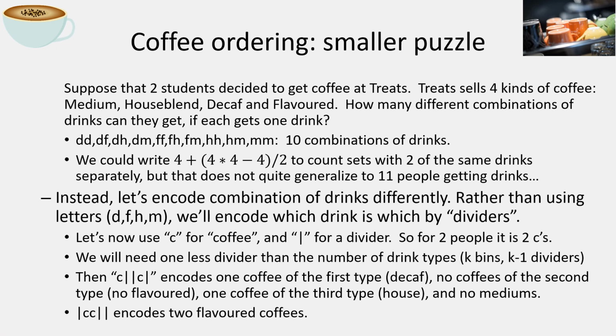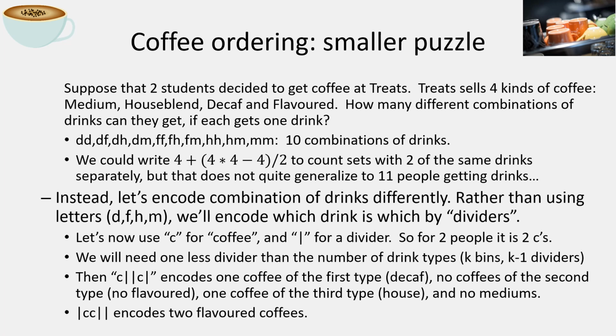Well, the way I'm going to specify the order right now is to say I have 4 categories, and I put a line, a divider between items in the first and second category, another divider between second and third, another divider between third and fourth. And what are the objects between which I'm putting the dividers? That's our coffees.